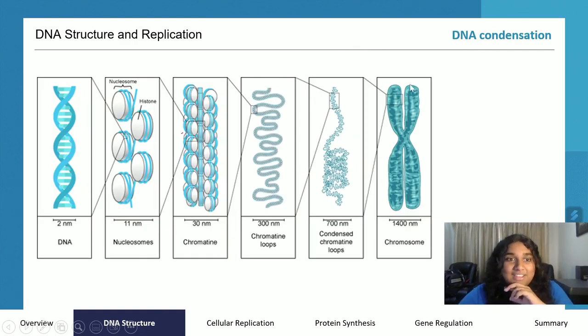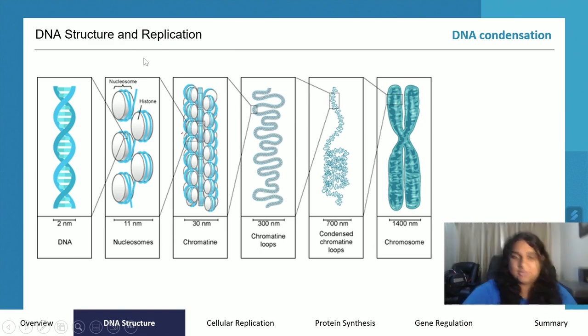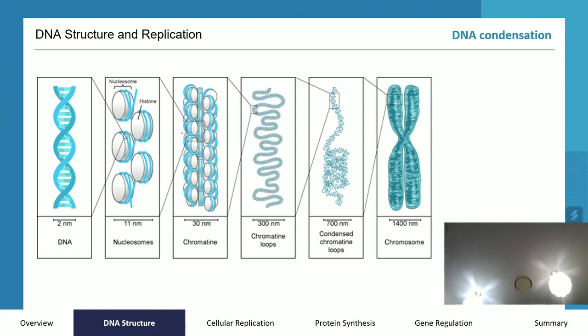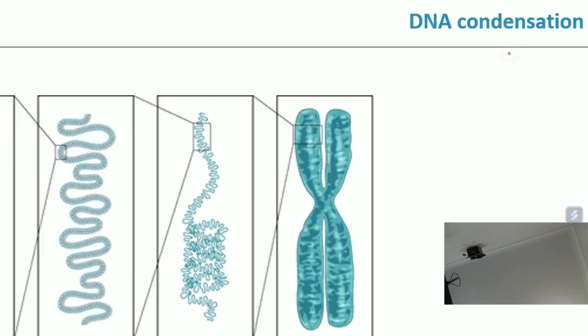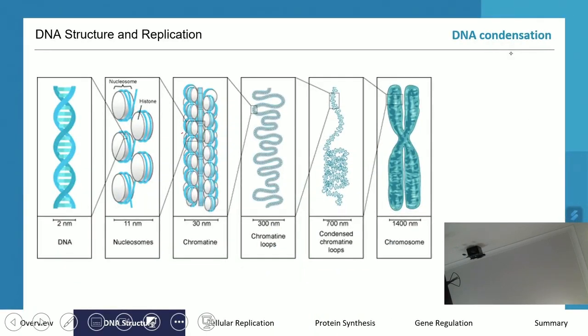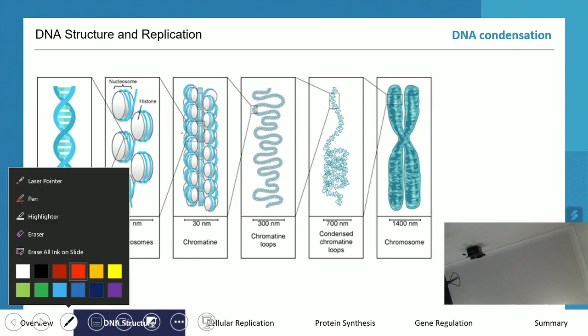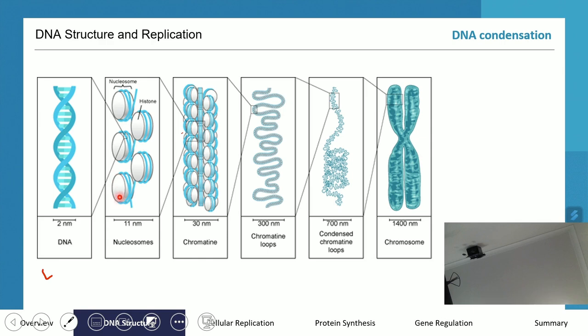So in terms of how DNA is stored within the cell, this is its structure in eukaryotic cells. I'm just going to flip over again so I can write. Okay.